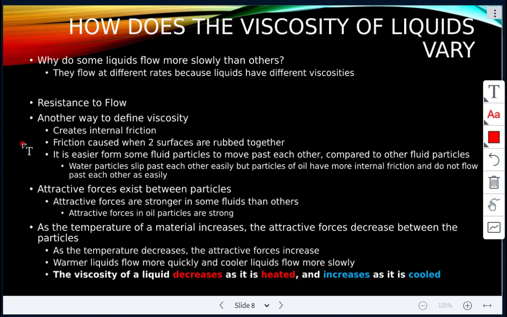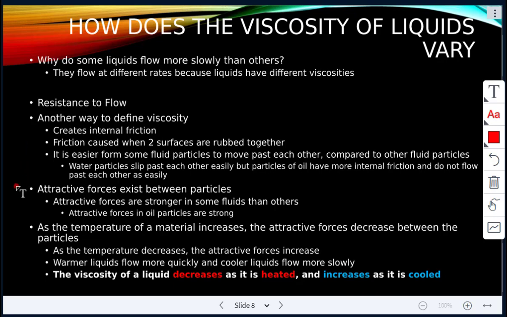It is easier for some fluid particles to move past each other compared to other fluid particles. For example, in water, the water particles have an easier time slipping past each other. But when you look at oil or something more viscous, they have more internal friction, so they are not able to flow past each other as easily.